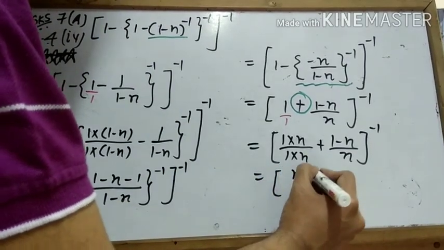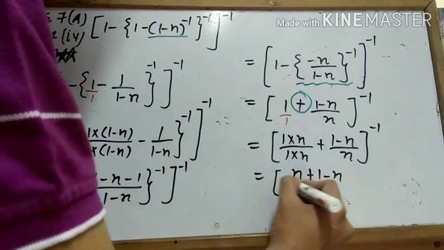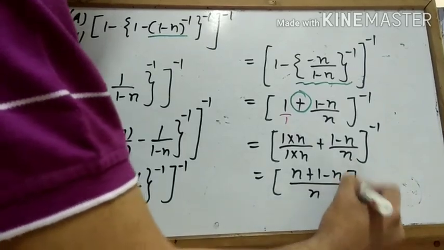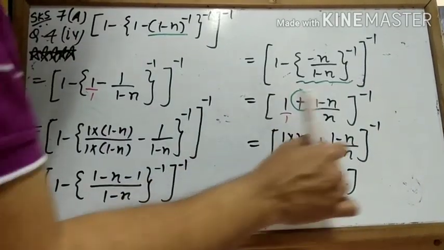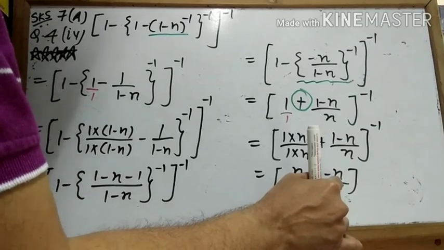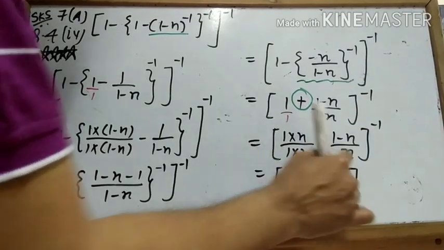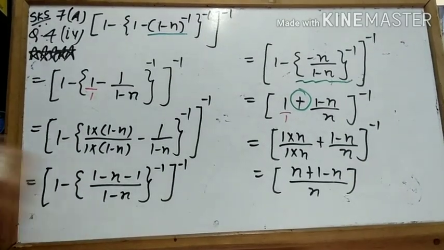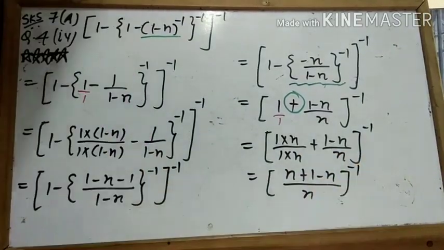This is n plus 1 minus n, whole upon n. 1 into n is n. This 1 minus n came from here, whole divided by n, because both had n as a common denominator, whole raised to -1.